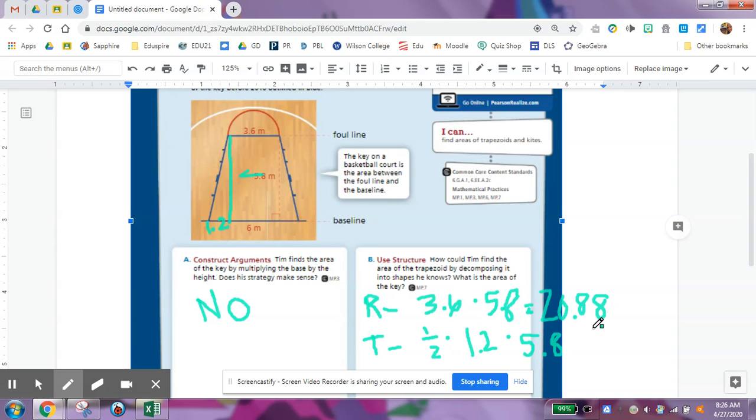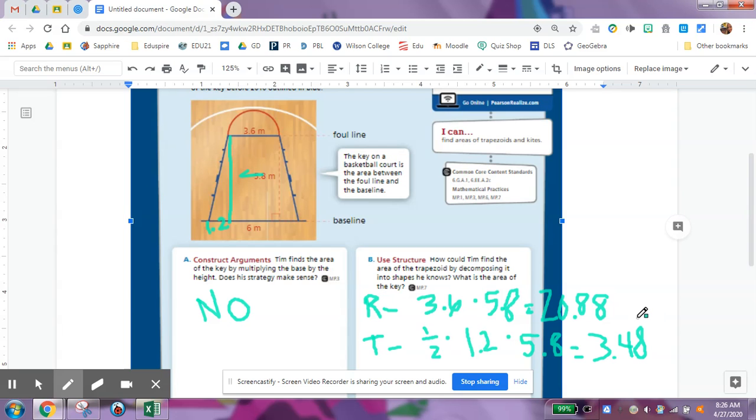So I'm going to take my calculator and I'm going to say 5.8 times 1.2 divided by 2, which is the same as multiplying by 1/2, and I get 3.48. Now I'm not done because that is the area for one of the triangles.